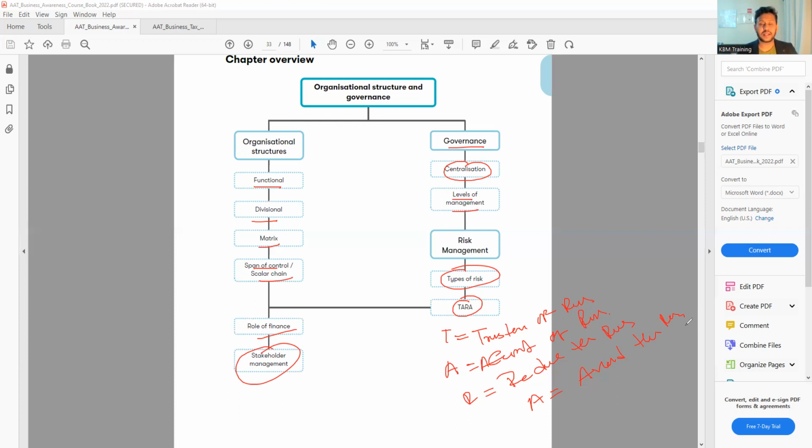Now, consider when the likelihood of the risk is high and the impact is not very high, or maybe low. For example, it's not going to damage you too much. Or the chance of happening is lower, but the impact is higher.